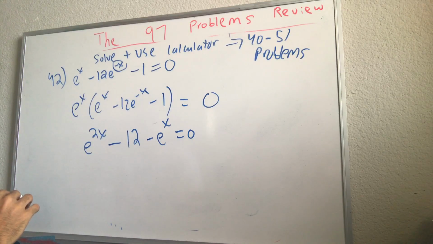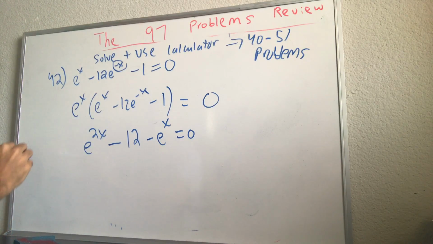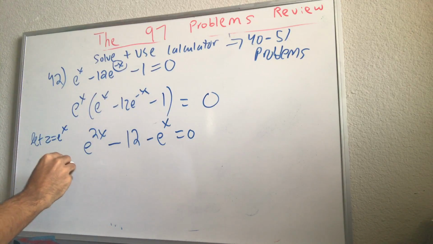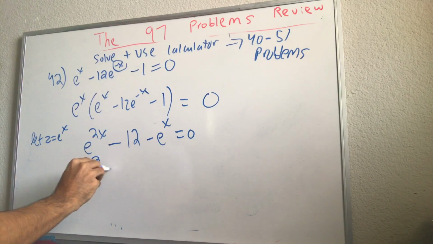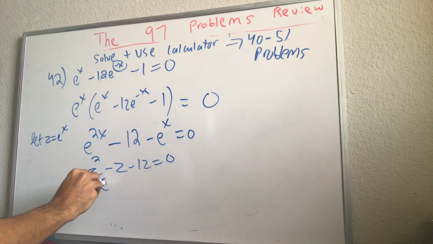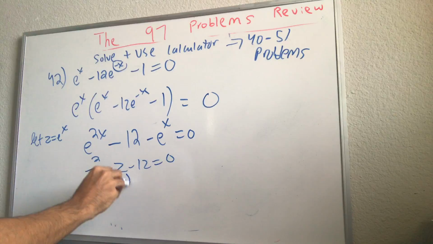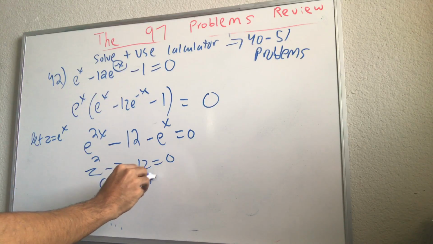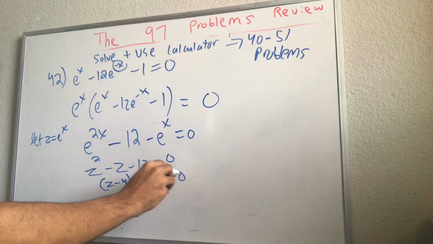Clearly, we have a quadratic function here. Because if you say let z is equal to e to the power of x, you see that here we have z squared minus z minus 12 is equal to 0. And if you solve this, this becomes z minus 4 times z plus 3 is equal to 0.